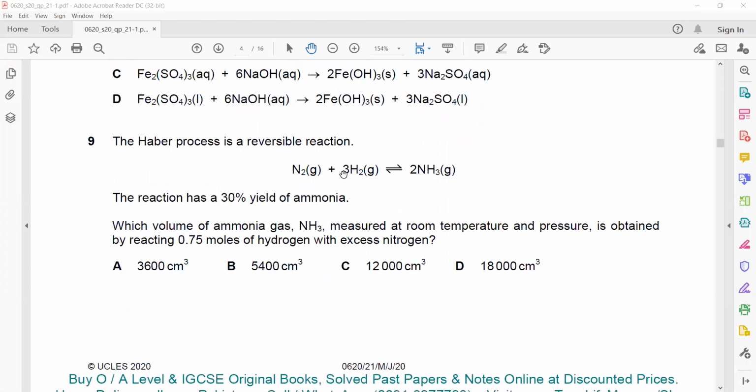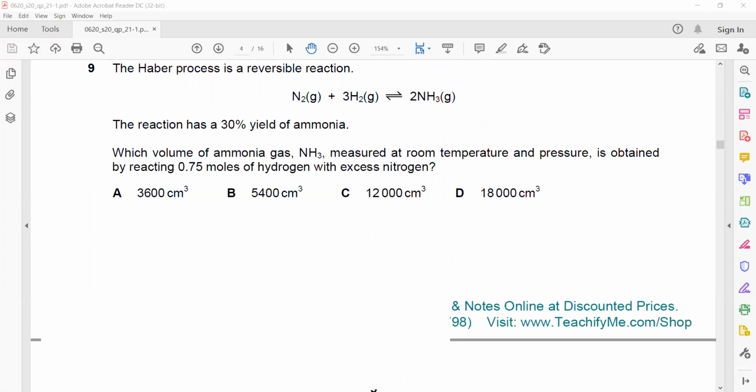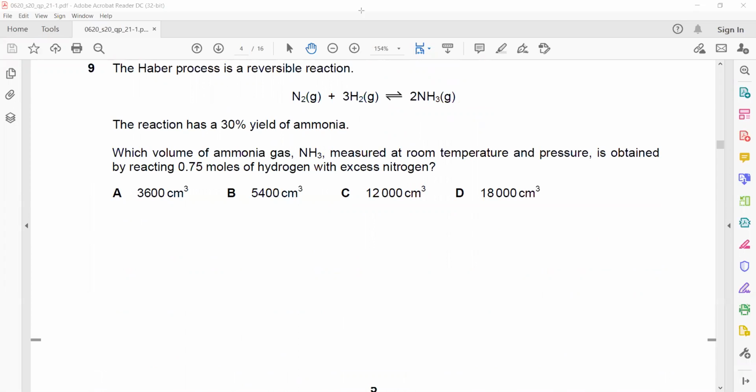The Haber process is a reversible reaction. The reaction has a 30% yield. What is the formula for percentage yield?